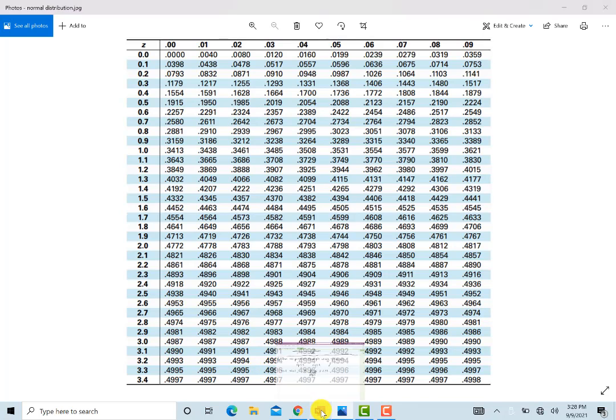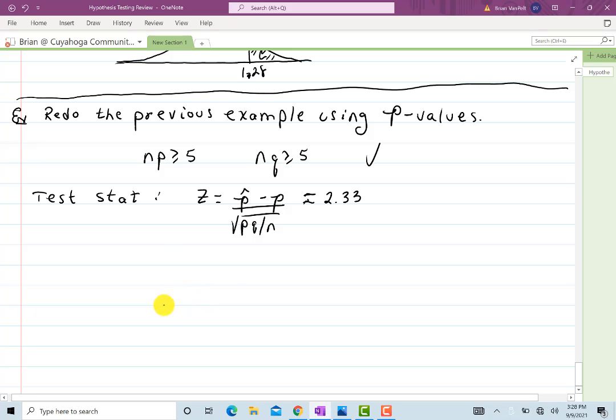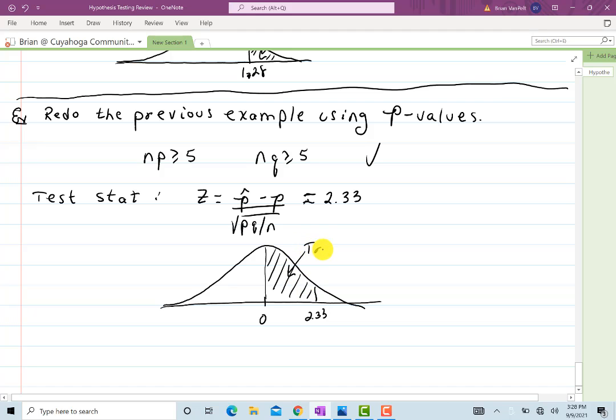Now recall what the table gives us. The table gives us this value in here. So the table gave us 0.4901.